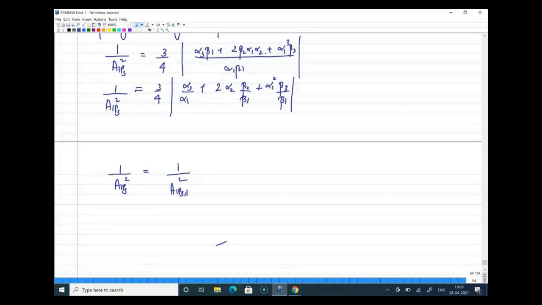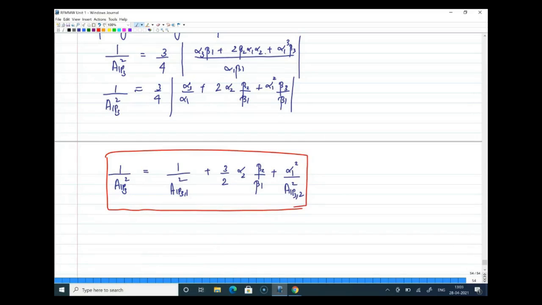I hope you will agree to this, because AIP3 1 is under root of 4 by 3 alpha 1 by alpha 3. This is the inverse of this. I'm just replacing a square term there, plus keeping the second term, it has 3 by 2 into alpha 2 into beta 2 by beta 1, plus the last term as alpha 1 square. Then again you have beta 3 by beta 1 and 3 by 4 outside. So that can be considered as AIP3 2 square. Right.